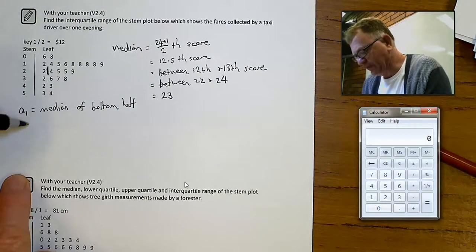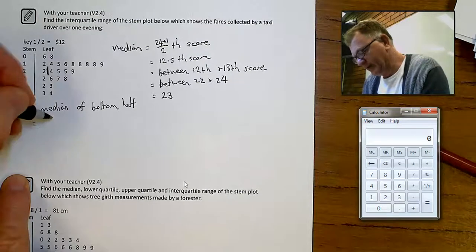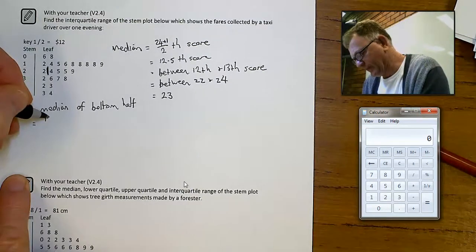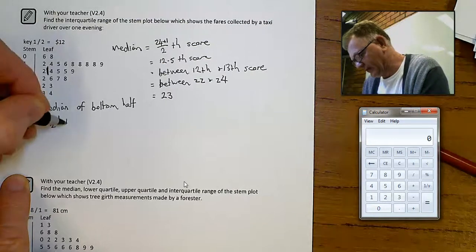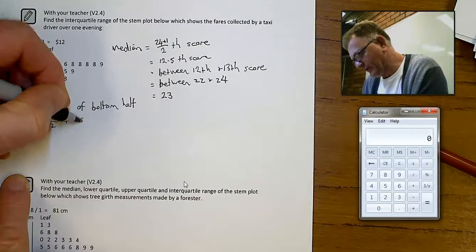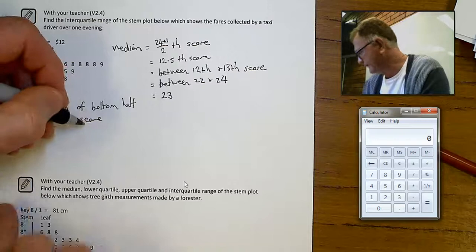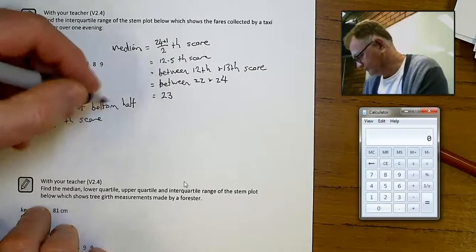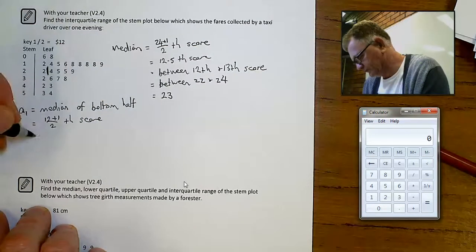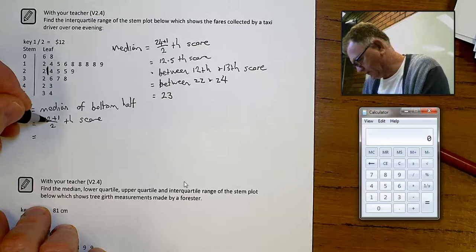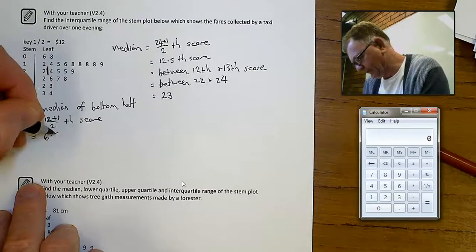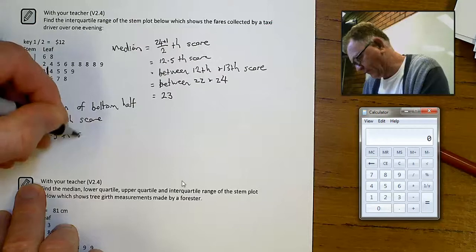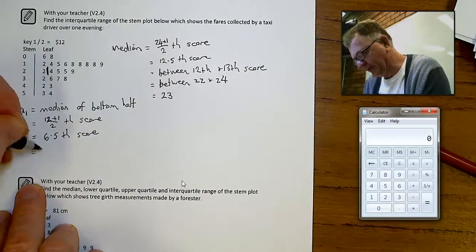Now there are 12 scores in the bottom half, and so that means it's the 12 plus 1 over 2th score in the bottom half. That means it's the 6.5th score, or if you like, between the 6th and 7th.